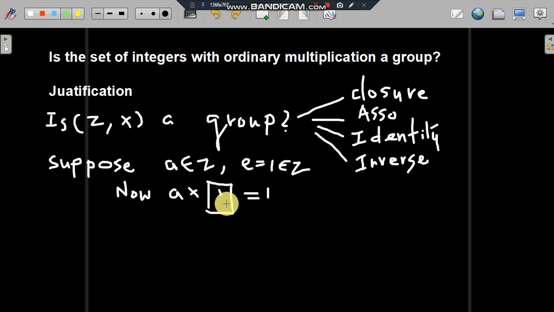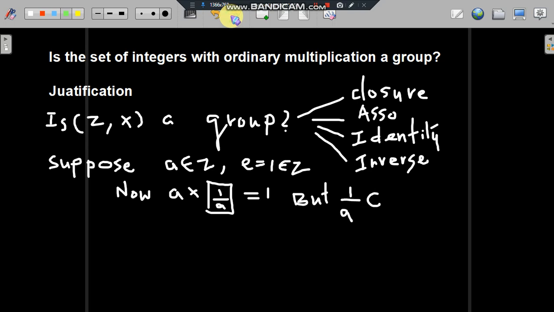But here the possible number is 1 by A. If you do ordinary multiplication of A by 1 by A, you will get 1. But this 1 by A does not belong to Z. That's the problem here.